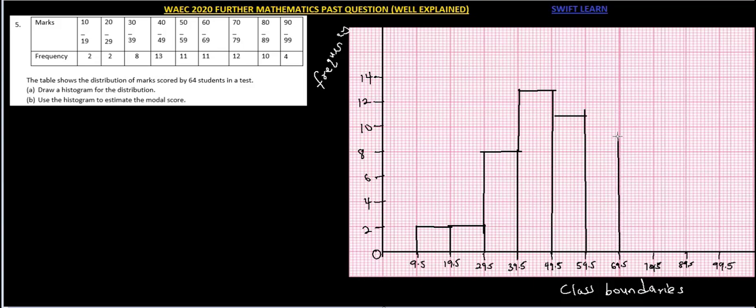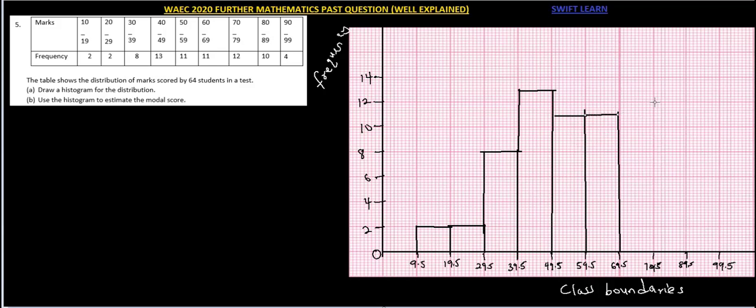I'm really sorry for that. But if you are using your graph paper, it can't be like this, because we are using software to draw this. That's why it's not smooth enough. But trust me, if you are using your graph paper, you should have something better than this.